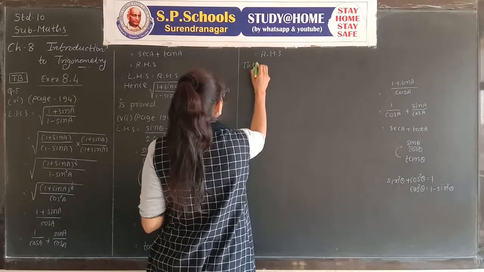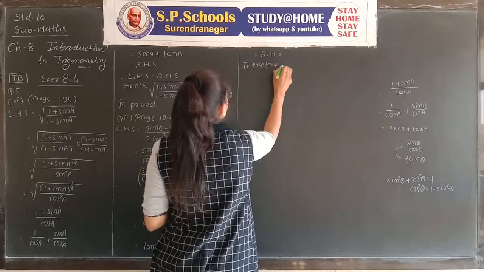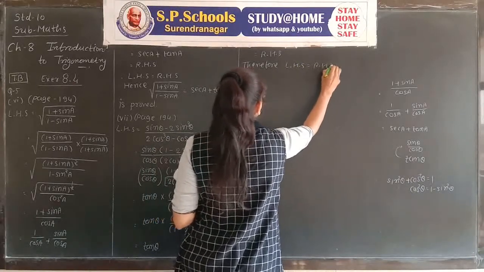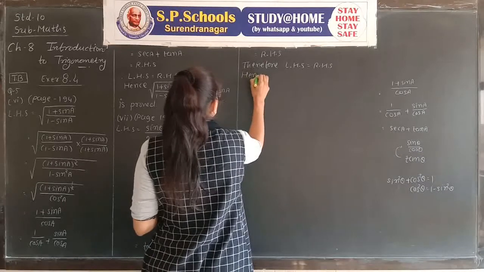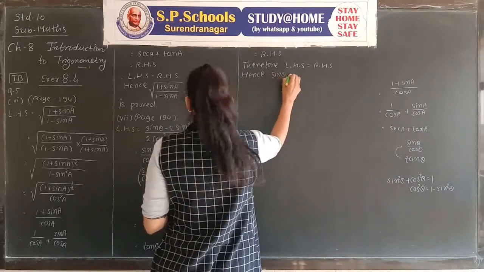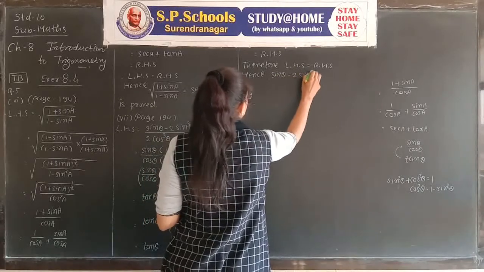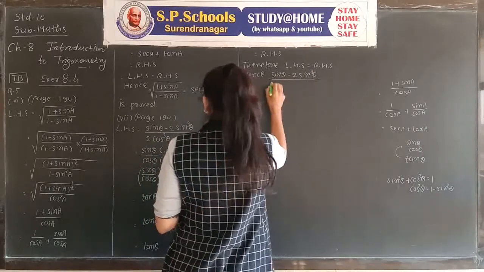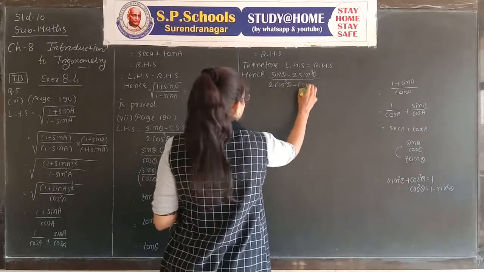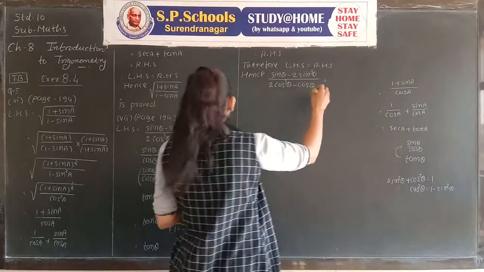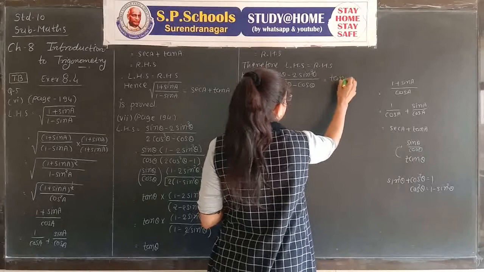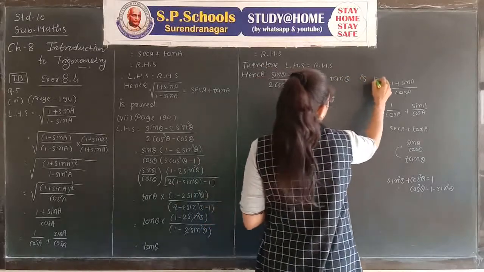Therefore, left hand side is equal to right hand side. Hence sin theta minus 2 sin cube theta upon 2 cos cube theta minus cos theta is equal to tan theta. It is proved.